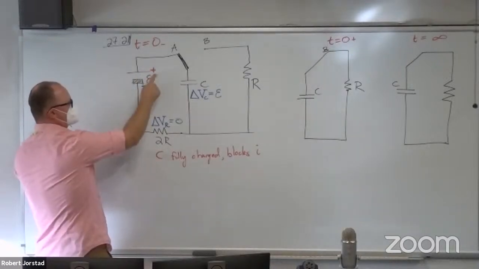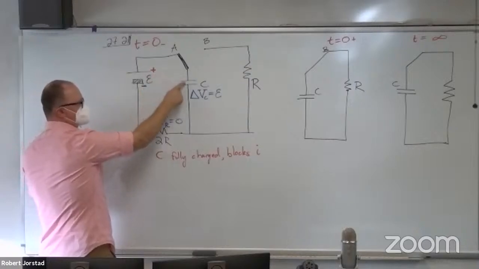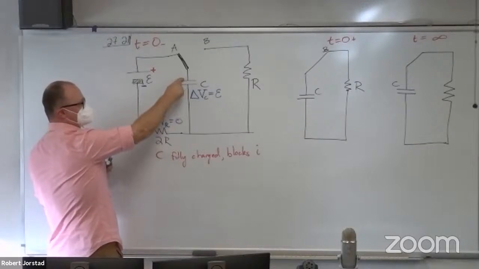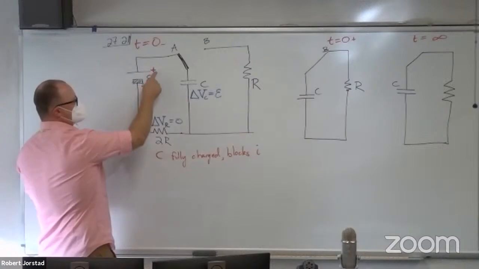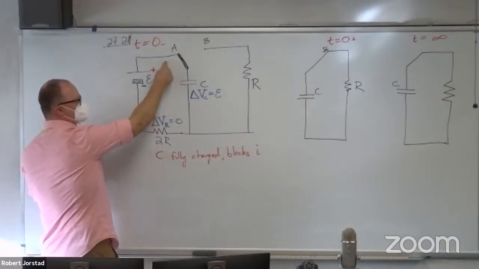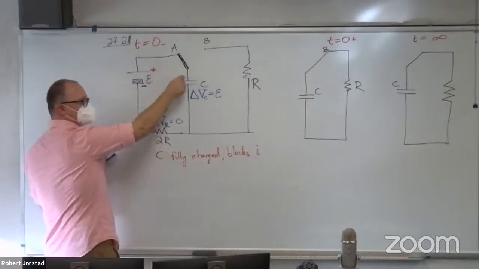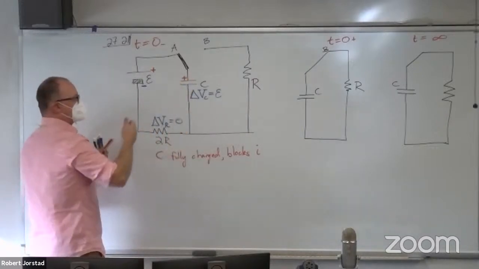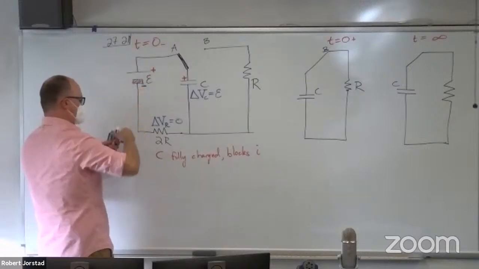The plus terminal is going to attract electrons from the upper plate. So the upper plate of the capacitor, do you think it's going to be positive or negative? It's going to attract electrons. What's left? Plus. This is going to be positive up top. It's going to draw those electrons off and pump them around.